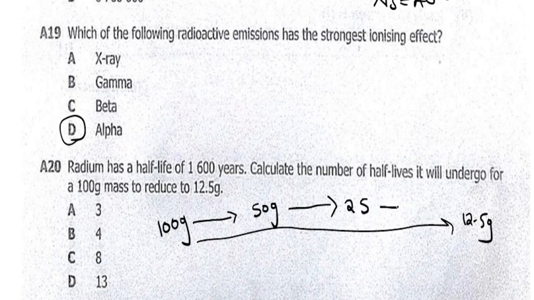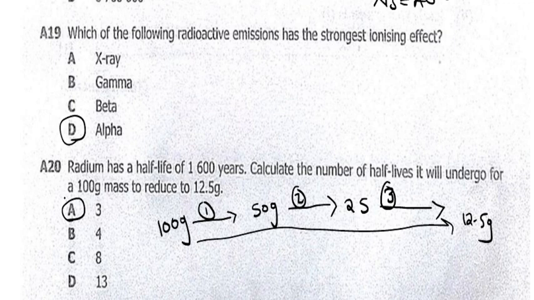Then again, after 1600 years it will reduce to half of 25, which is 12.5. So meaning we have 1, 2, 3. You just count the number of arrows. So we have 3 half-lives that it's going to take.